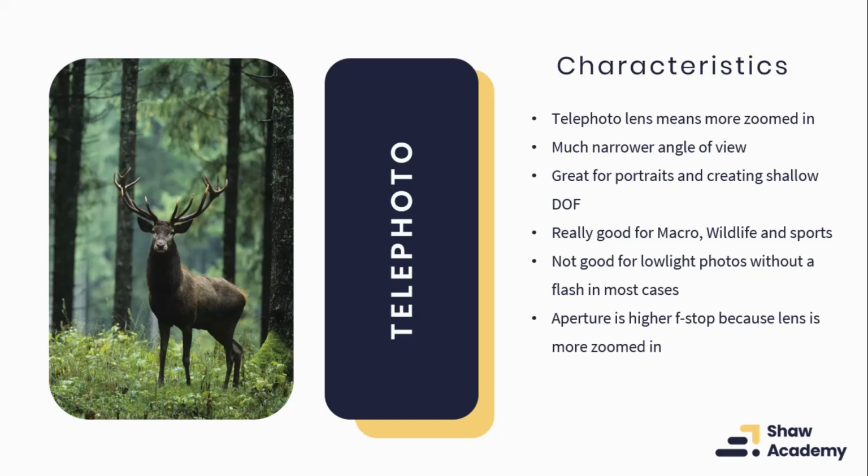The aperture is going to be smaller. It gives you a greater depth of field if you happen to be photographing landscapes, but you're going to have less light in that case, which again means you're going to need a longer shutter speed, which means you're more prone to camera shake.